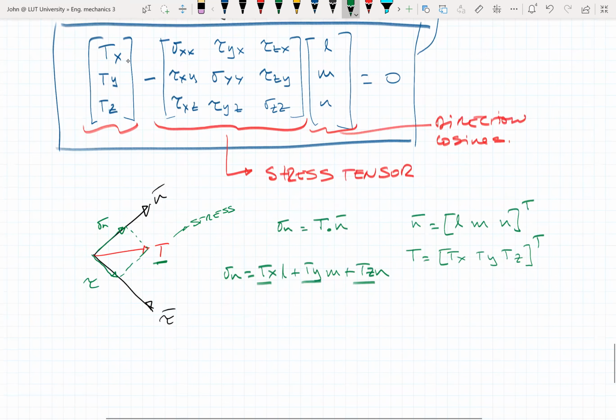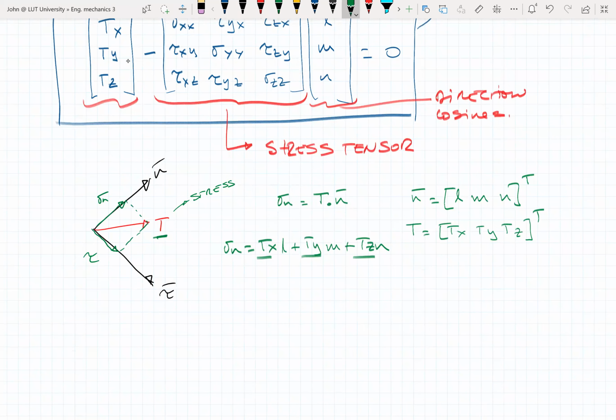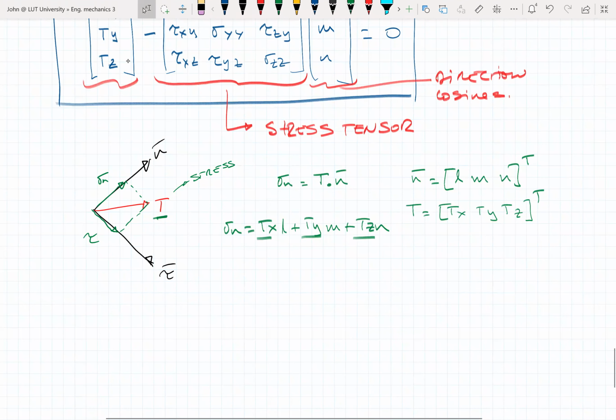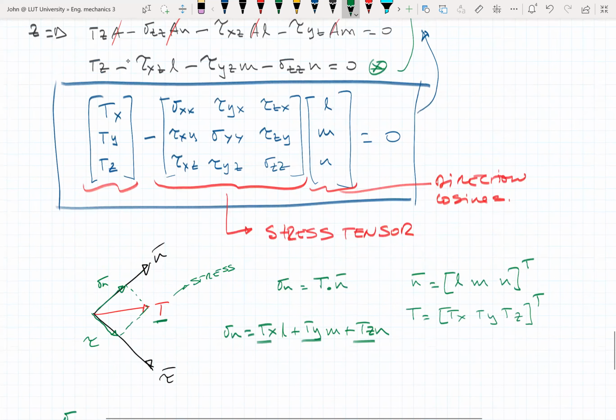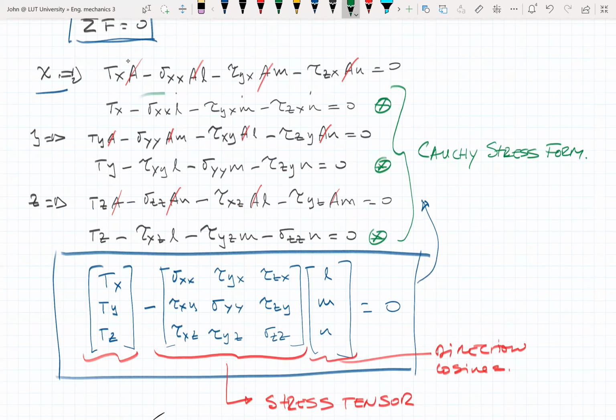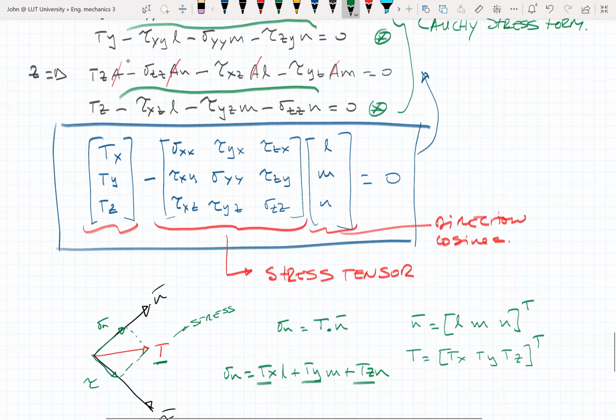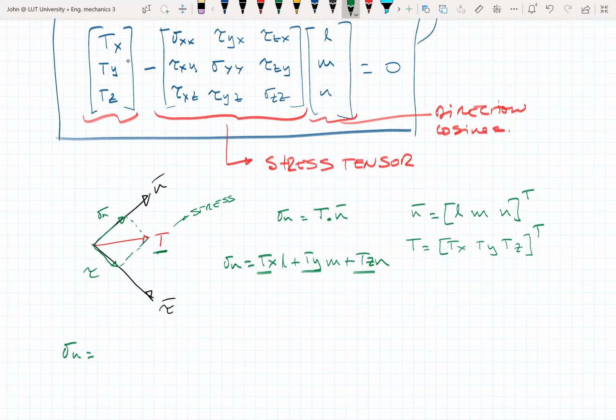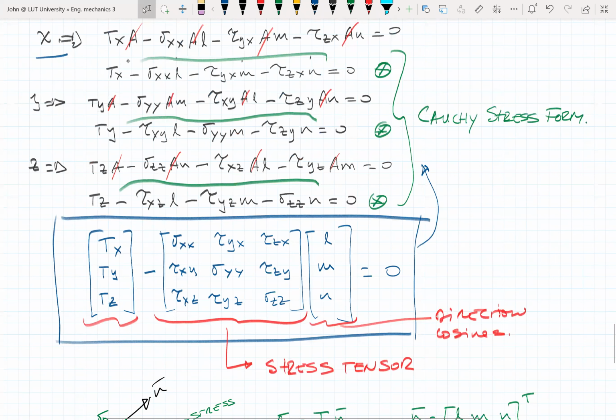Let's do it. So we'll have that sigma n is equal to Tx, but I know that Tx is represented by all of this. Again, Ty is going to be represented by all of these, and Tz is going to be represented by this. Then sigma n is going to be equal to Tx, and actually I can see it from this matrix here.